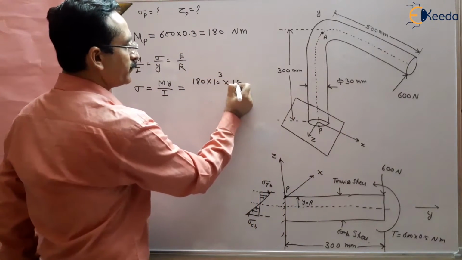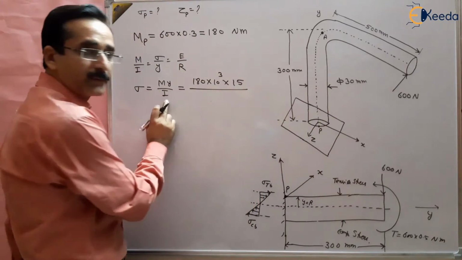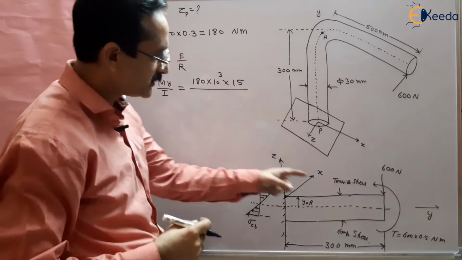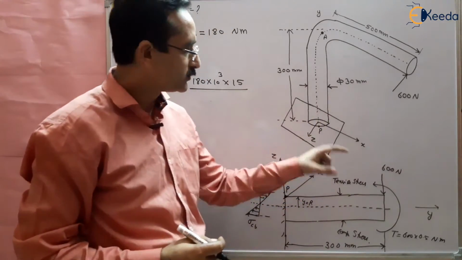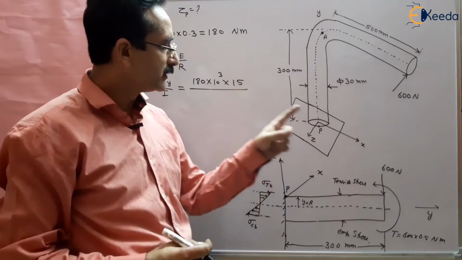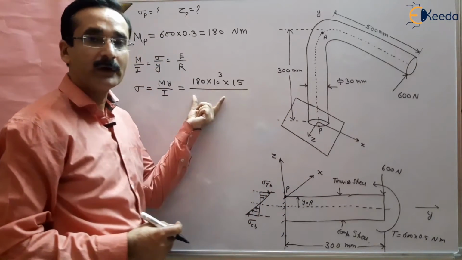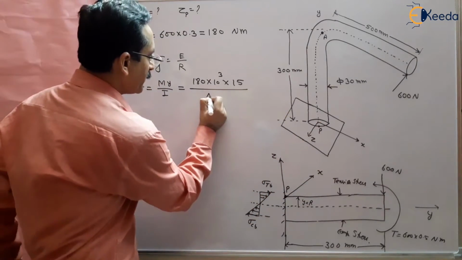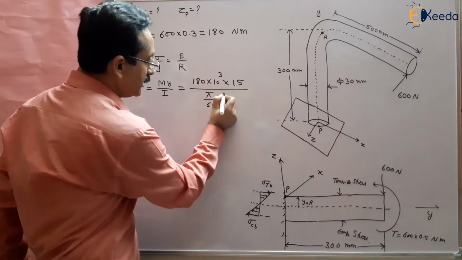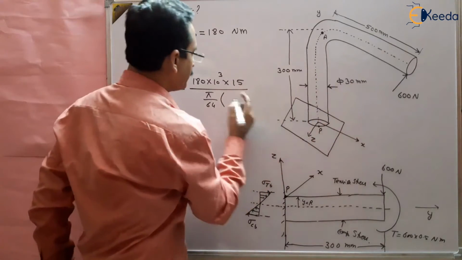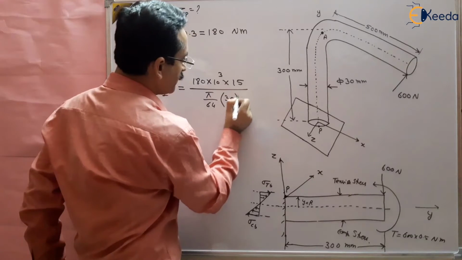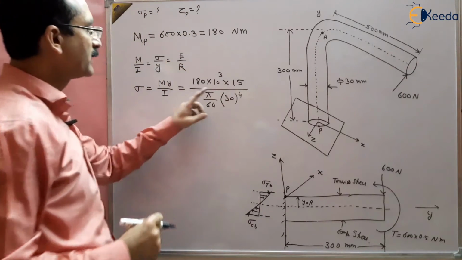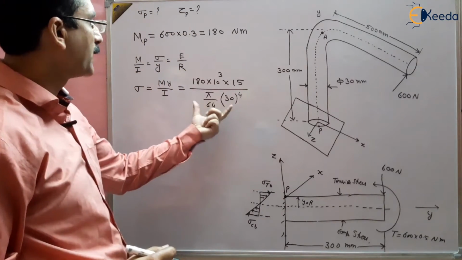This Y is basically the radius of this shaft, that is 15 mm. So this is 15 divided by I. I is the moment of inertia of a circle, since it is cylindrical, that is pi by 64 d to the power 4, and d is 30. So 30 to the power 4. The answer will come in Newton per millimeter square or megapascal.